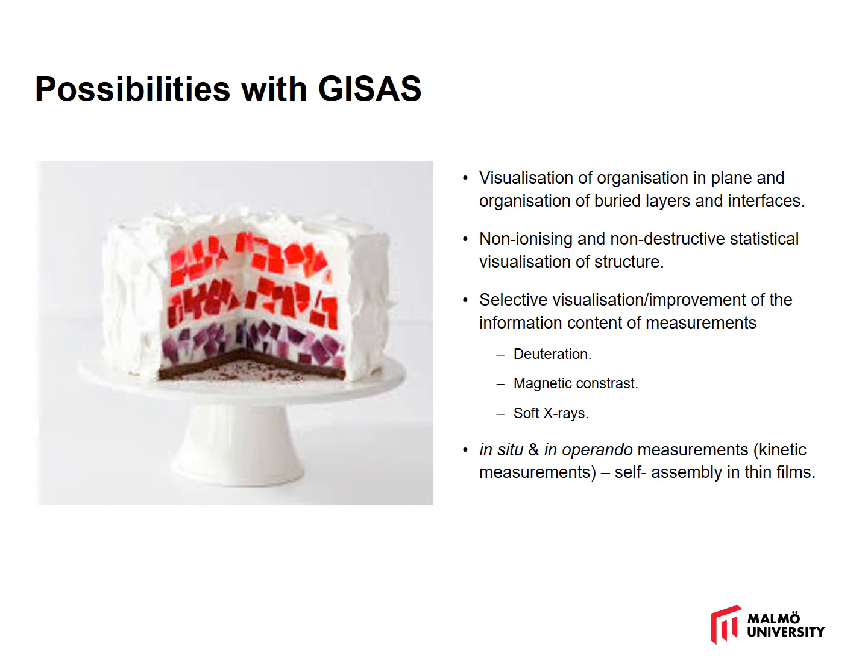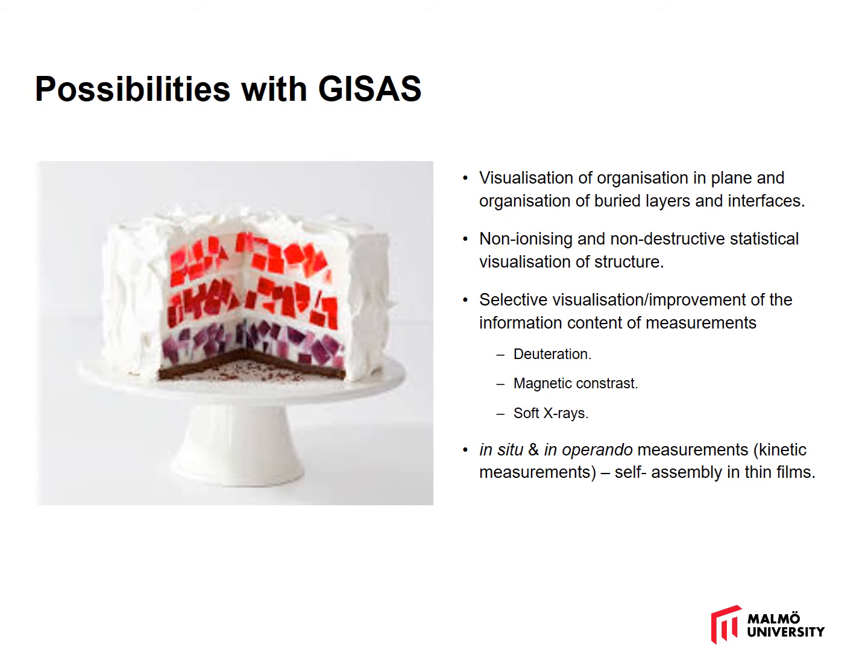There are some special possibilities within the GSAS experiment. One can focus on particular aspects of the structure with different forms of contrast, whether that be deuteration in the case of neutrons, or magnetic contrast in the case of neutrons. There are some contrast techniques which are available with soft X-rays, which we'll briefly touch upon.